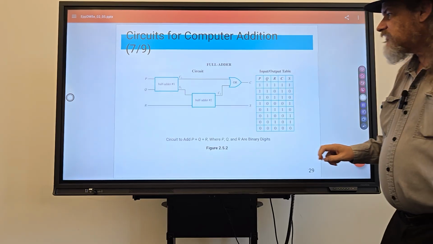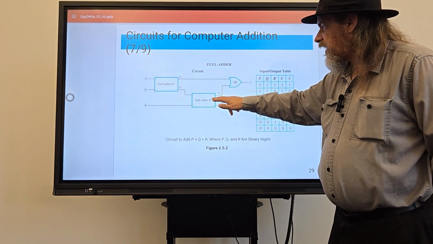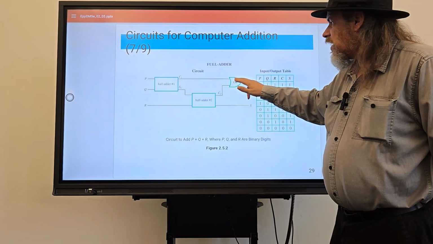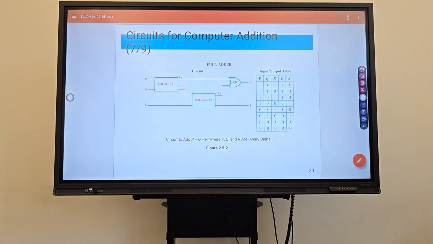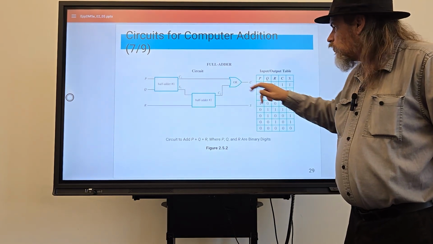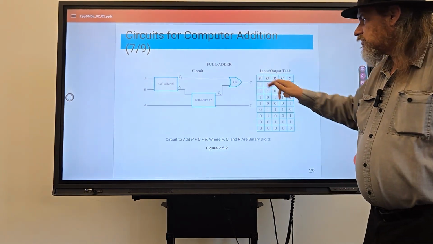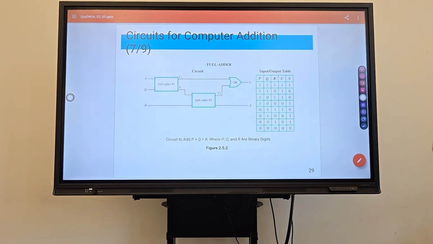So you have a half adder, and 2 half adders and an OR for the carry. If the carry in either half adder is 1, then there's a carry out on the full adder output carry.